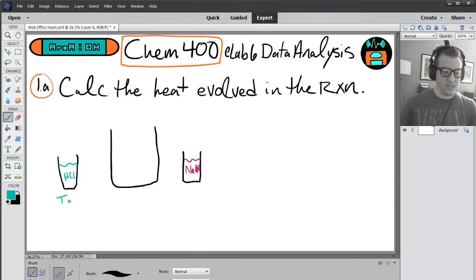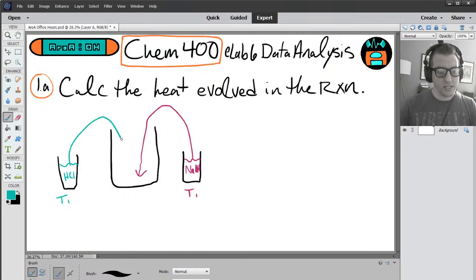This is at some initial temperature. This is at some initial temperature. And what we're going to be doing is pouring both of these solutions into a beaker, filling it up, and these two are going to react.